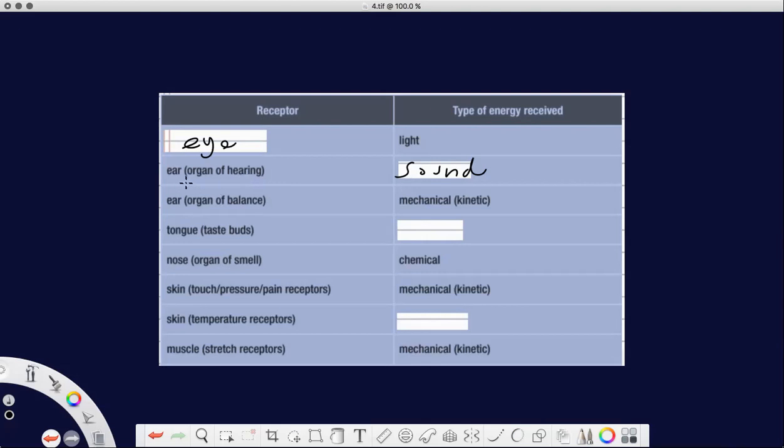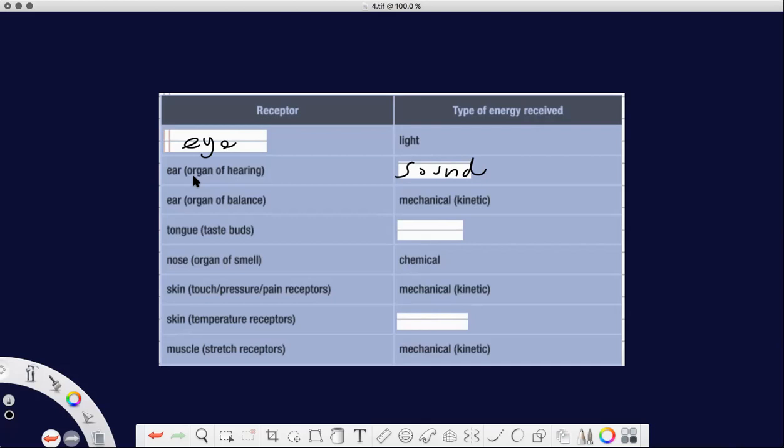Then here we have two functions of the ear. One is hearing, and the other, which we are not much aware of until we learn it, is that the ear is also responsible for balance. The body can keep an upright posture because of this balancing.